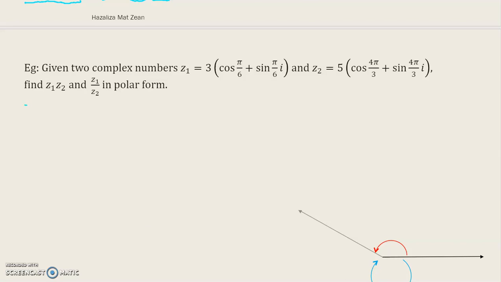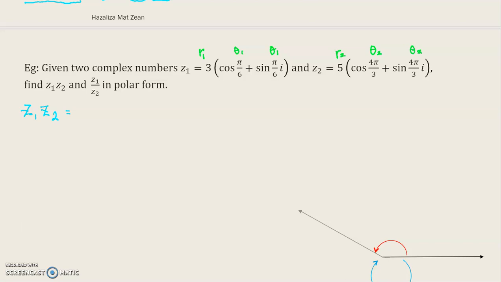We want to find the multiplication, or the product, of the two complex numbers. So we have here 3 is R1, and this is theta 1, 5 is R2, and this is theta 2.